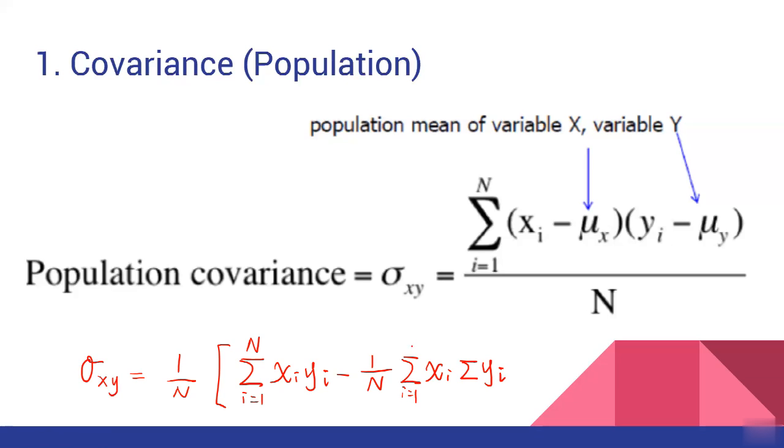Again, i ranges from 1 to n. Okay, you can choose either formula to calculate the population covariance. Please write these two formulas down in your notebook because we're going to use them to do an example. Okay, I'll give you 2 minutes.